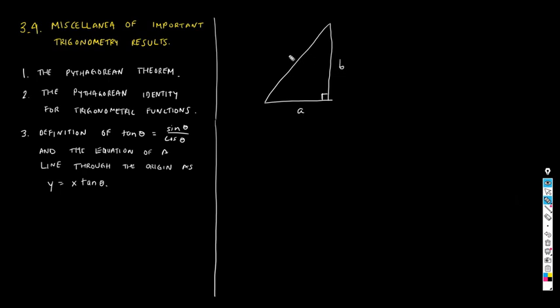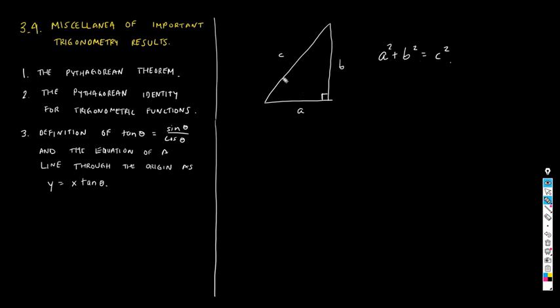It doesn't have to be like that. And the Pythagorean theorem says that there is a relationship between these sides, and that relationship is this one. That's the Pythagorean theorem. Okay, when you have this type of triangle, this relationship is satisfied.